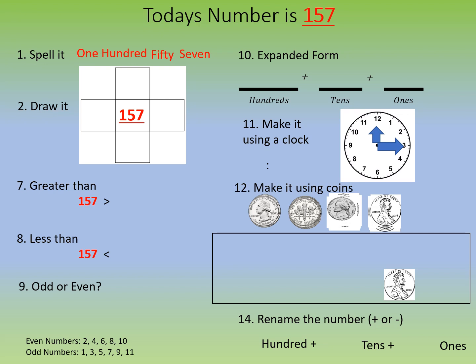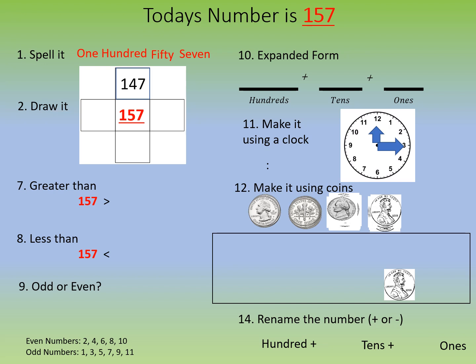Turn and tell your partner. 10 less than 157 was 147. You just have to take 1 away from the 5 tens in 157 and make it a 4 for 4 tens, making it 147.